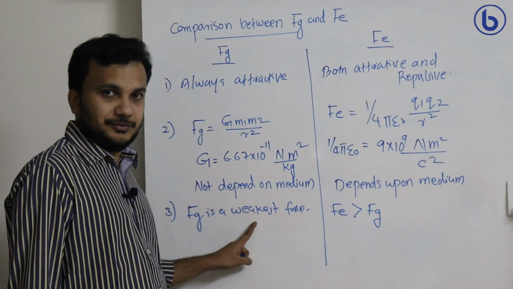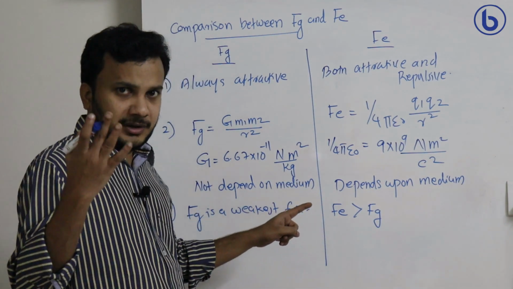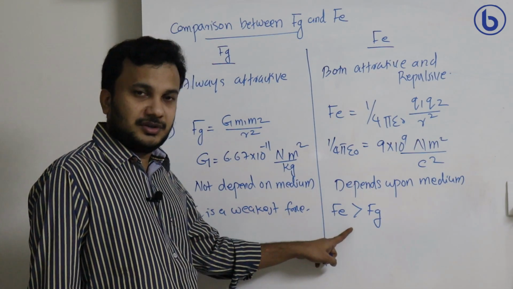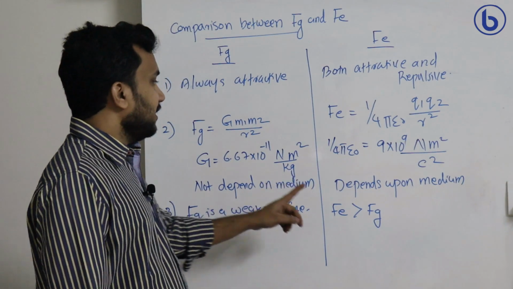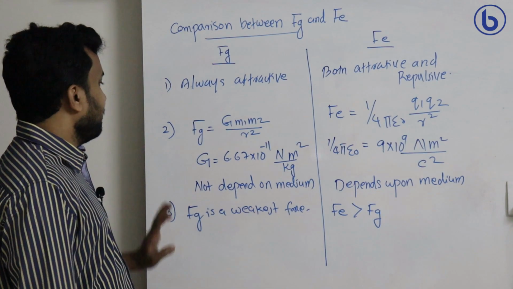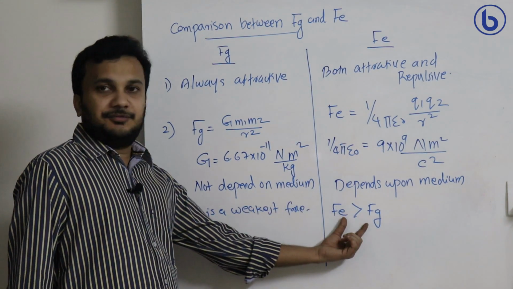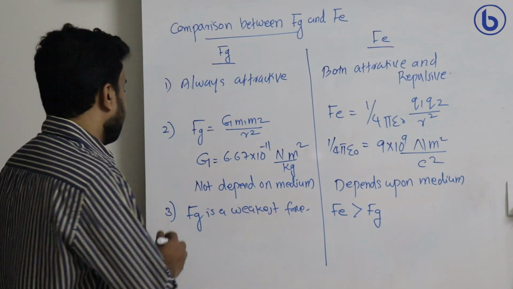Fg is the weakest force and Fe is not the weakest force. You can write this in your notebook for understanding. If I ask whether Fe or Fg is higher, you will say Fe is higher than Fg. So Fg is the weakest force, but Fe is not the weakest force, it is a strong force.